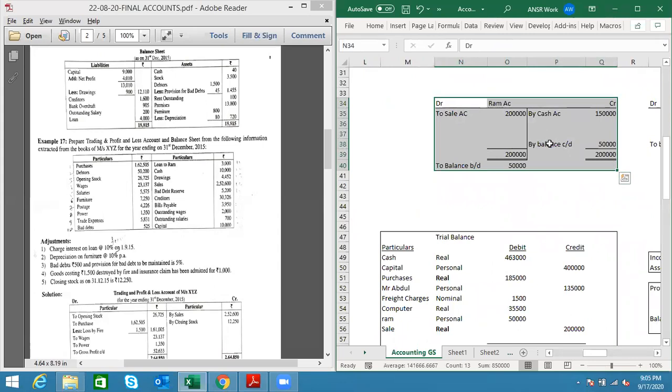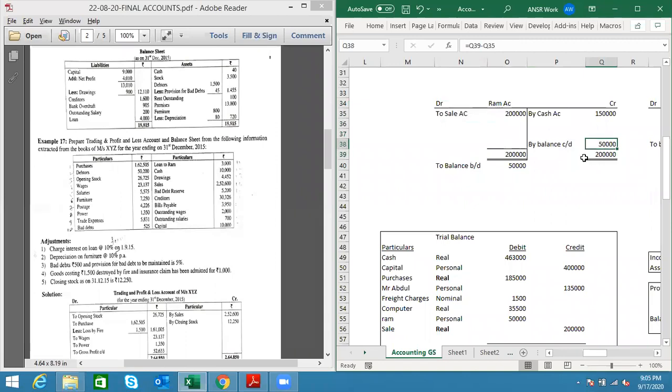While preparing the ledger, we had balanced both the sides, calculated the differential amount on the lower side, and taken that amount to the other side. The reason we do that is to determine what type of balance a particular account carries. In order to determine that, we just look at the brought down.